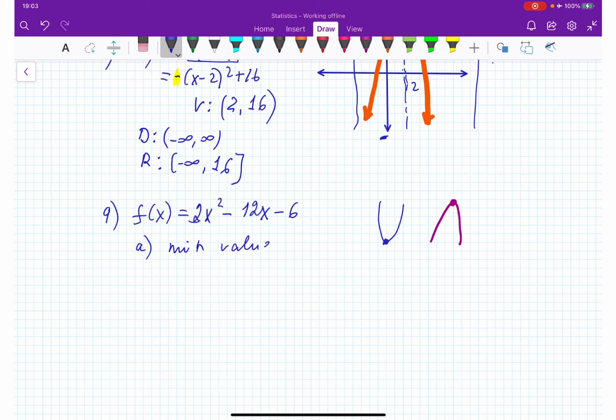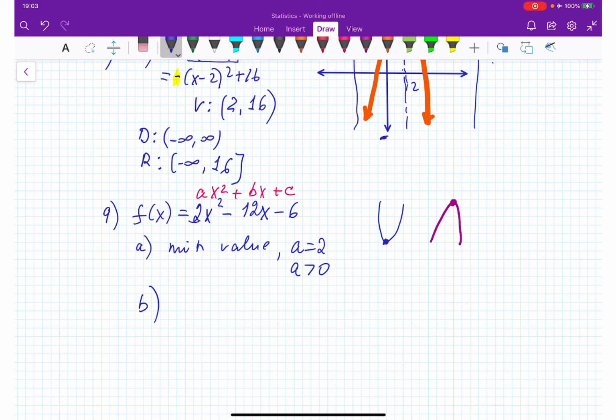Which is, let me put it this way, ax squared plus bx plus c, because a is greater than 0. Okay. It's much better.